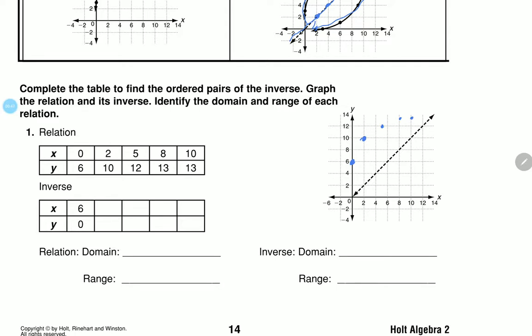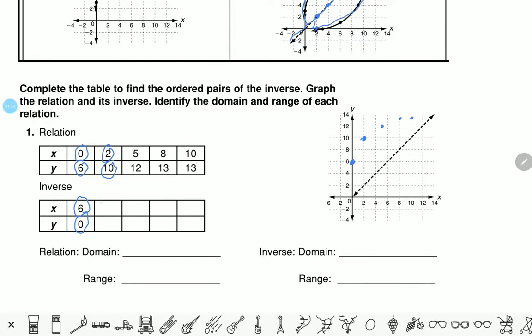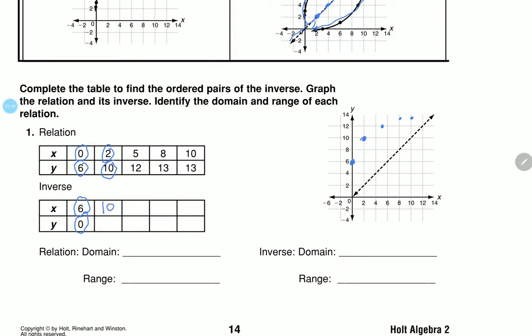When completing the inverse function, the values of the x and y will be changed. When x equals 0, y will be equal 6, so for the inverse function, x equals 6 and y will be equal 0. And so on. x equal 2 and y equal 10, so the inverse function will be x equal 10 and y equal 2, the inverse of the relation.